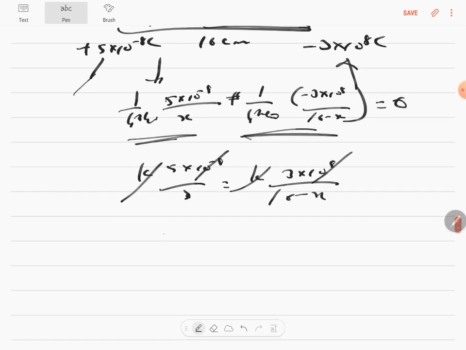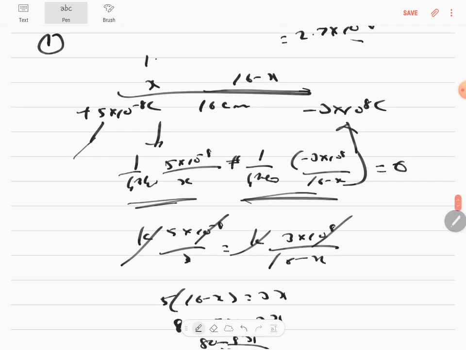Cross multiplying, 5 into 16 minus x is equal to 3x. 5 times 16 is 80, minus 5x is equal to 3x, so 80 is equal to 8x and x is equal to 10. So it's 10 units, and the other distance is 16 minus 10, so 6 units.